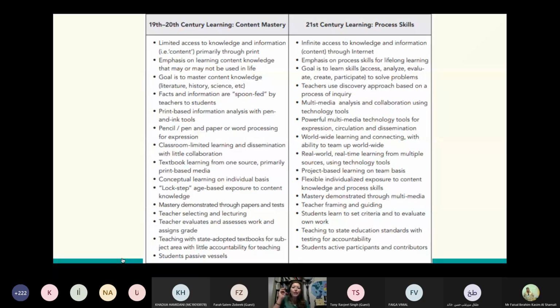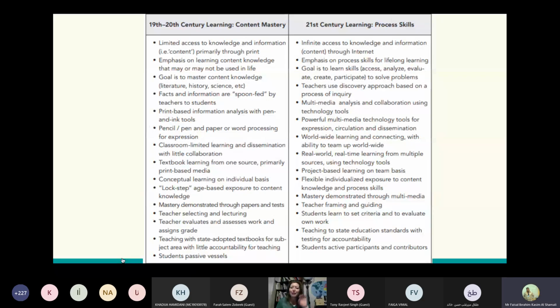So going from pencil and pen and word processing, classroom limited learning, teacher selected lecturing, to the 21st century where we're looking at emphasis on process skills, access, analyze, evaluating, creating, teacher discovery, multimedia analysis, multimedia technology, expression, circulation, dissemination.